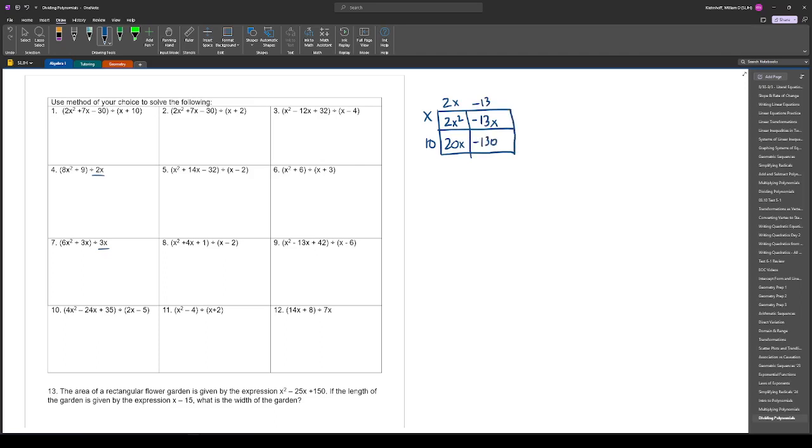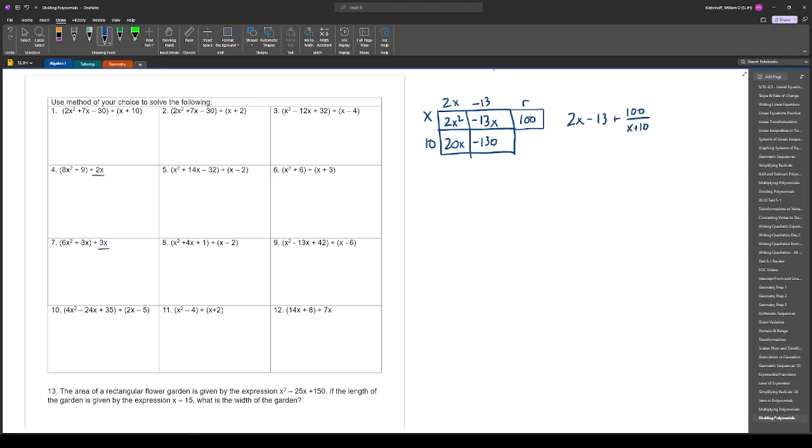We are at the end of our boxes, and we need that negative 130, the constant, to actually be negative 30. So our remainder is going to be 100 in order to get from negative 130 up to negative 30. So that's how we do that with the area model, and we got the answer 2x minus 13 plus 100 over x plus 10.